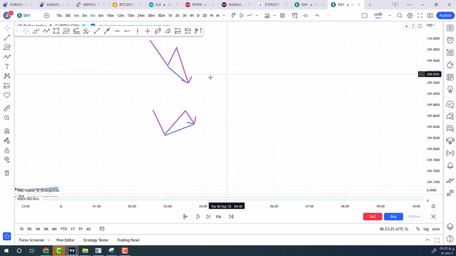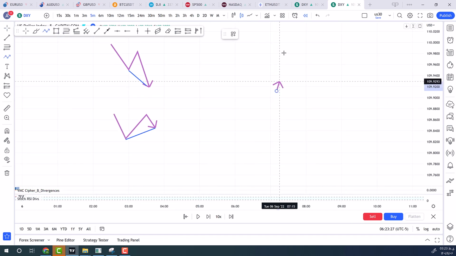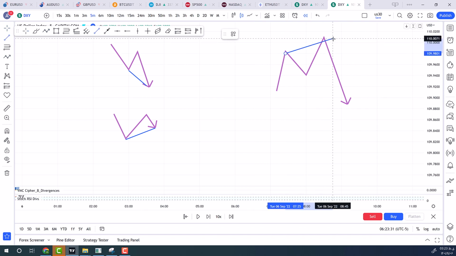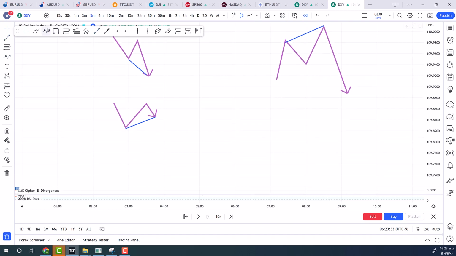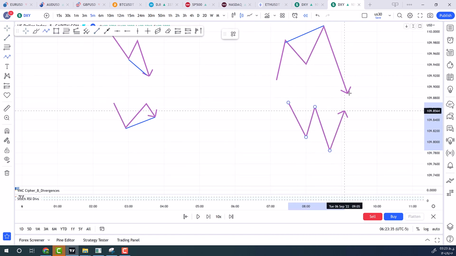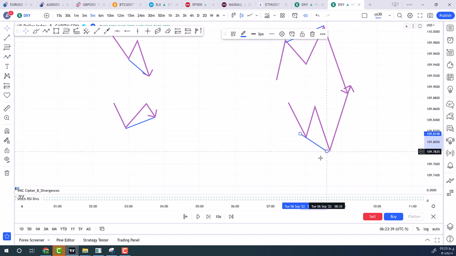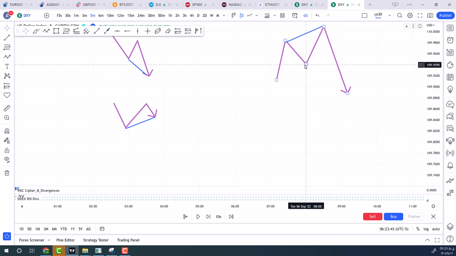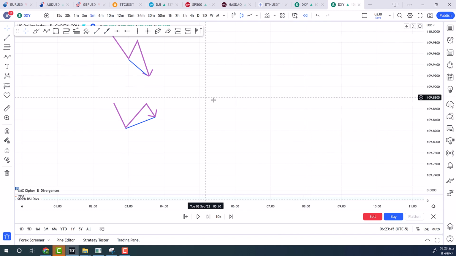Why? Because most of the time when the market is going up and it reverses, we have a divergence here. Or when it comes down and it reverses, we have a divergence here. And they think that the divergence is the important part here.